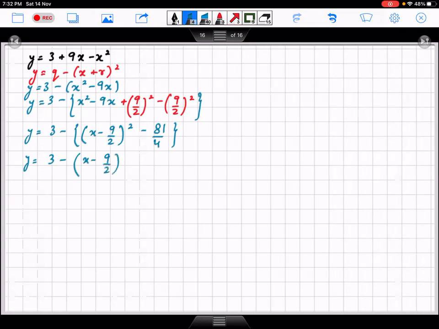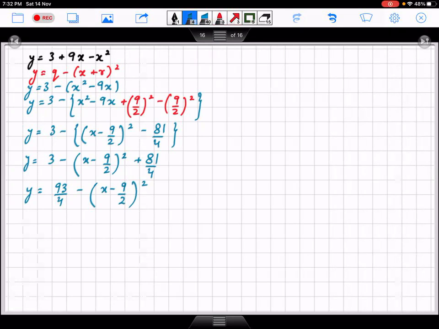Now opening the bracket, it should be 81 upon 4, and by taking the LCM, it should become 93 upon 4 minus x minus 9 upon 2 whole square.